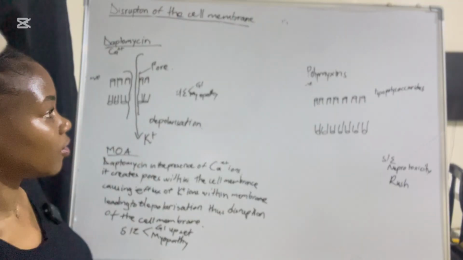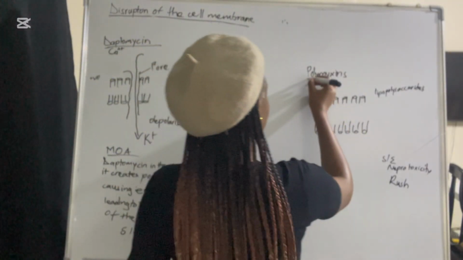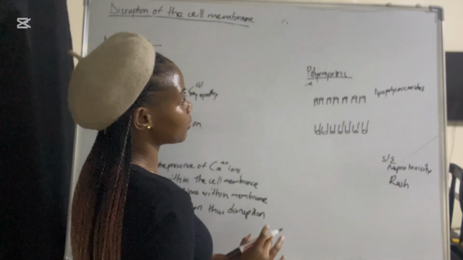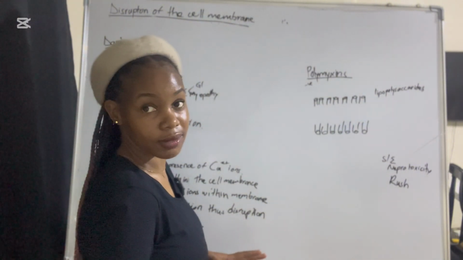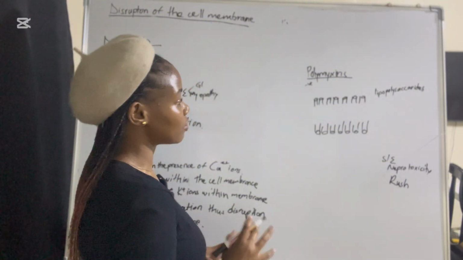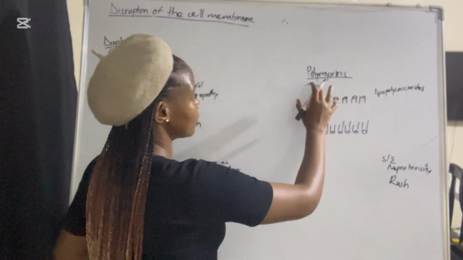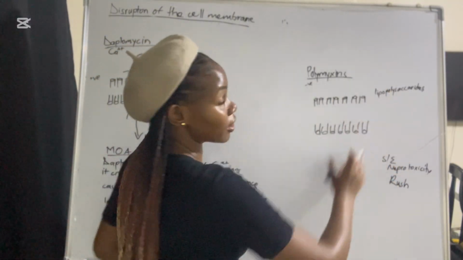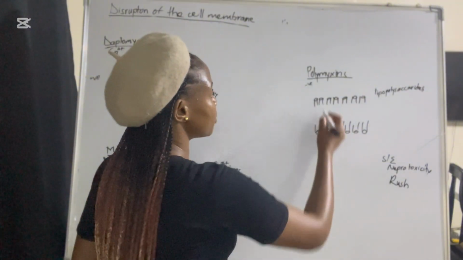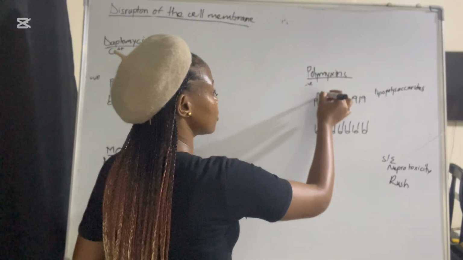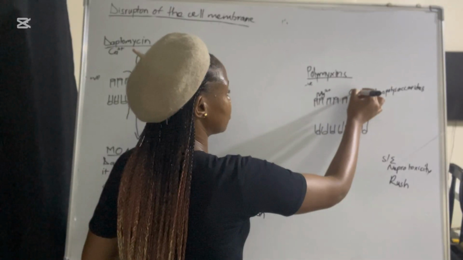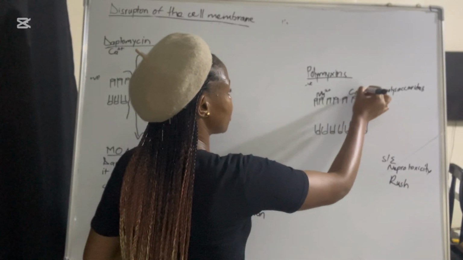Next in line, we are going to look at the polymyxins. These polymyxins are attracted to the lipopolysaccharides on the bacterial membrane. So what is going to happen? These polymyxins are going to bind onto the lipopolysaccharides. Remember, within the cell membrane, they have magnesium ions and calcium ions.